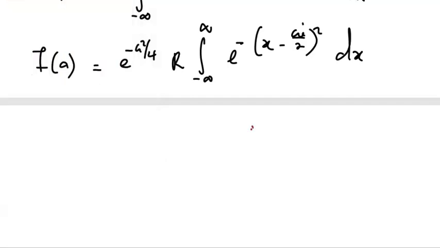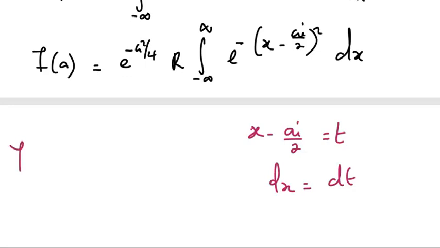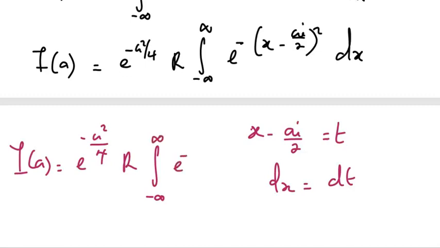So from here we're going to let x minus a times i over 2 equal t. Differentiate both sides, we get dx is equal to dt. So here I of a is going to be equal to e to the negative a squared by 4 multiplied by the real part of the integral from negative infinity to positive infinity of e to the negative t squared dt.